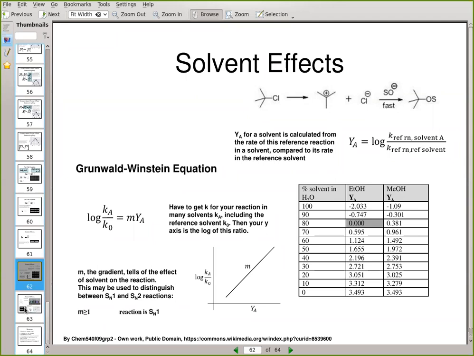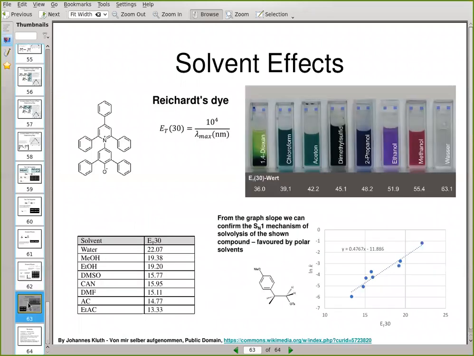But of course, other researchers have other ways of working with solvents, and I want to give you another way that people have looked at solvents. It's a really interesting dye. This is Dimroth and Reichardt. They generated this dye over here.